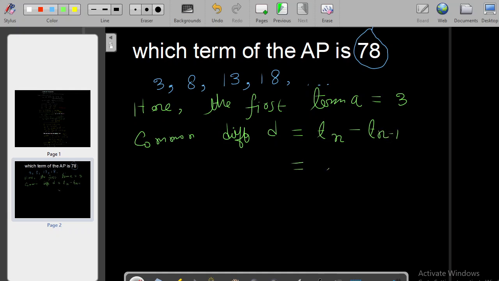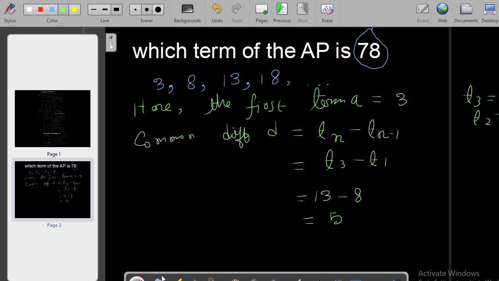We can take T3 minus T2. Here T3 is 13 and T2 is 8. So it becomes 13 minus 8, and that is 5. So the common difference is 5.